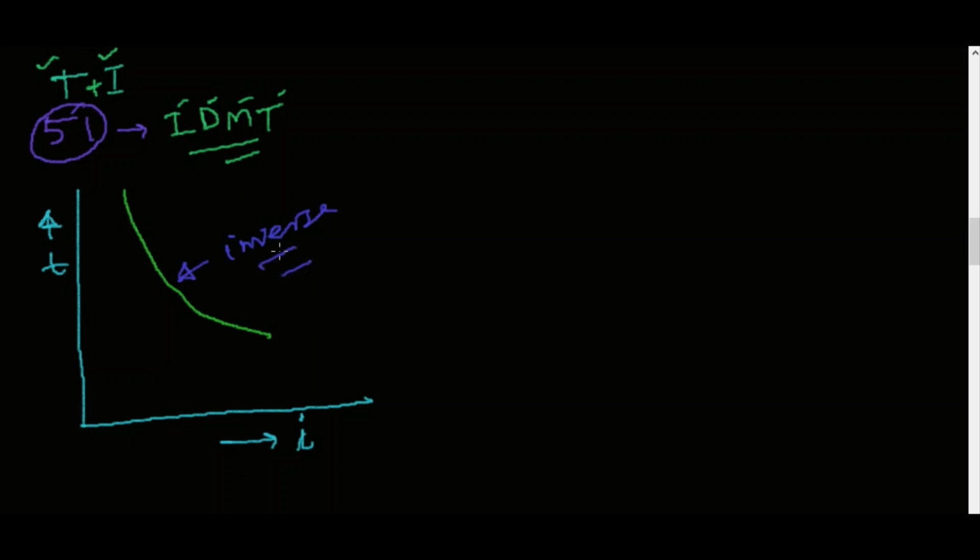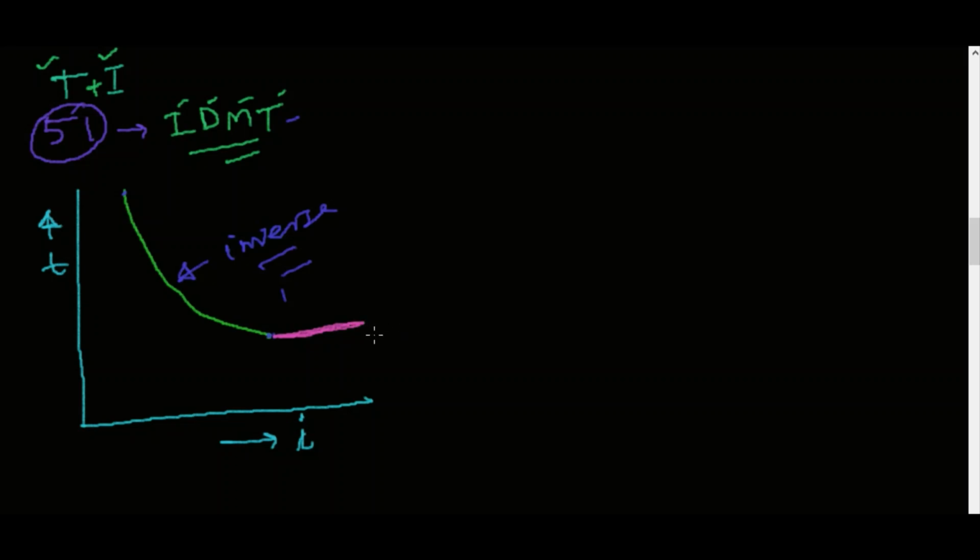But this is not the actual IDMT, inverse definite minimum time. This is only an inverse curve, because from this point to this point it is the inverse characteristic. If we talk about the IDMT characteristic, then from this point the curve will lose its inverse characteristic and become like this.